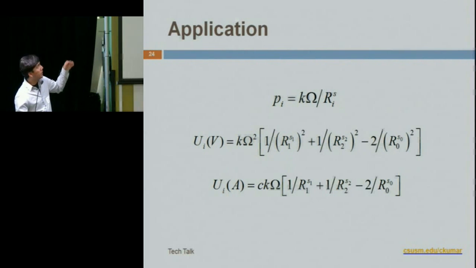If we substitute that expression back into the earlier expressions for the utility of the vendor and the utility of the advertiser, and consider the case where objects are, in this particular example, being sold at two different locations in terms of granular pricing, and jump through a bunch of mathematical hoops, eventually we come down to the simplified expression: this is the utility of the vendor and this is the utility of the advertiser for these two particular functions.